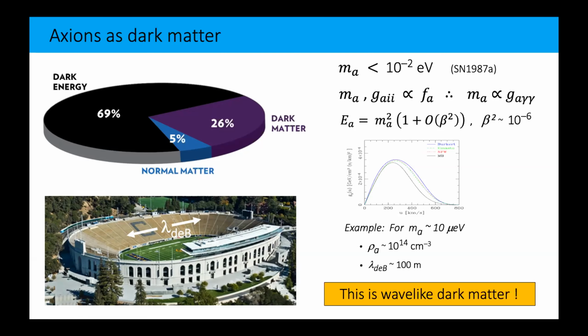And that tells us that cold dark matter would be nearly monoenergetic, but spread by the velocity broadening, actually the square of the velocity, so about 1 part in 10 to the 6th.